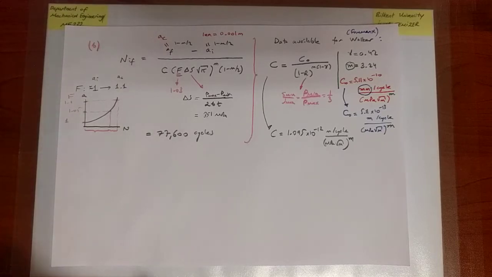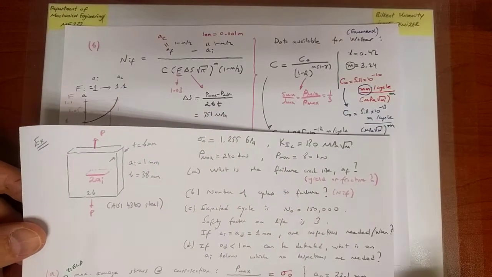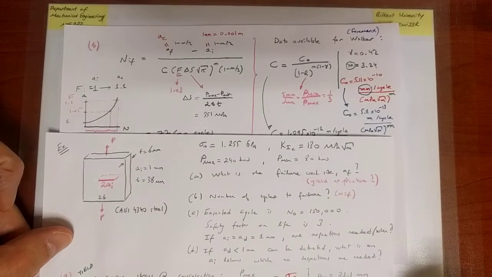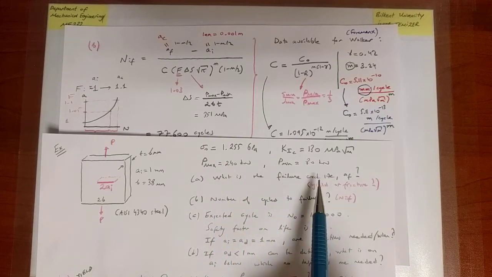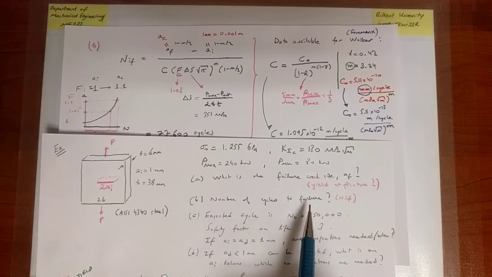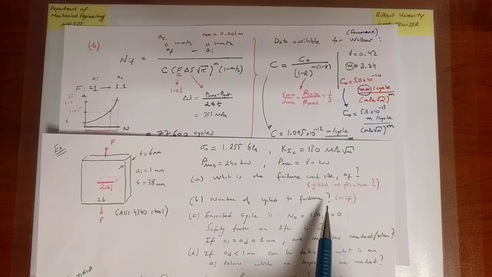And now let me at this point just pull up the question underneath and remind you of the rest of the question. So what is the failure crack size? We've determined that. How many cycles does it take to reach it? We've determined that.